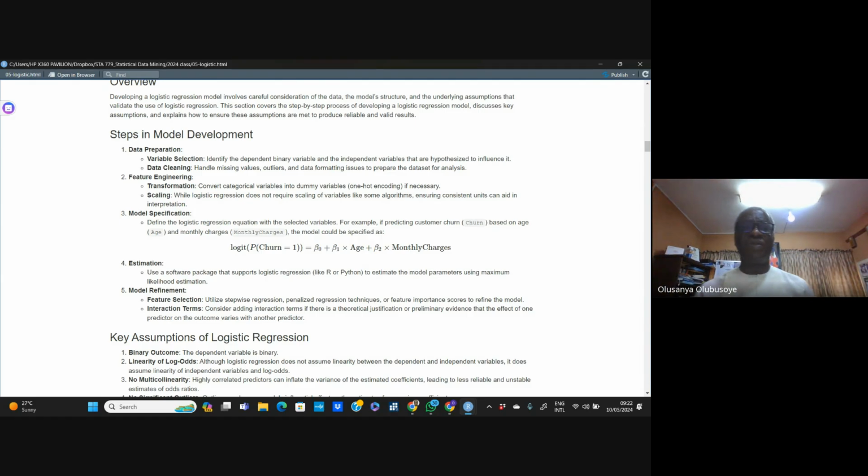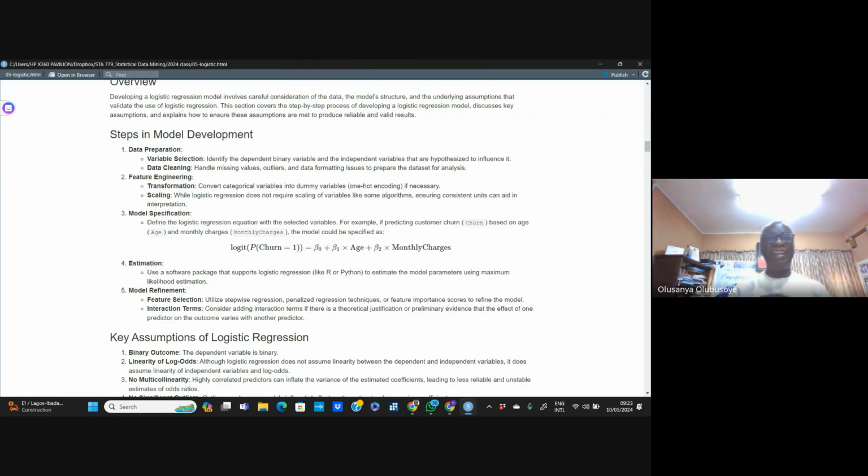Then we specify our model. We can now hypothesize the kind of relationship we expect between appreciation and foreign reserve, and between industrial output and appreciation, and so on and so forth.